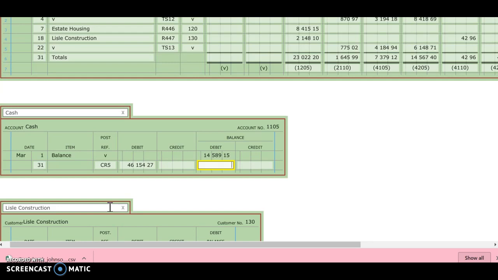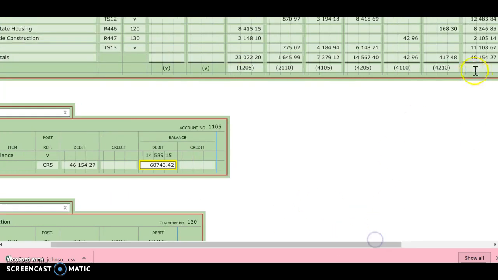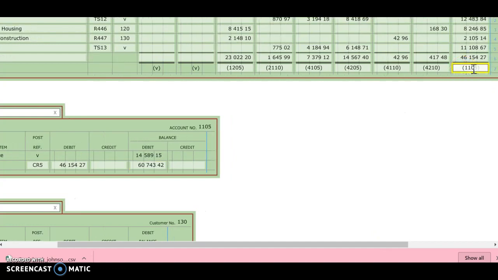And I added that wrong. There we go. Excuse me, $60,743.42. And then account number 1105.